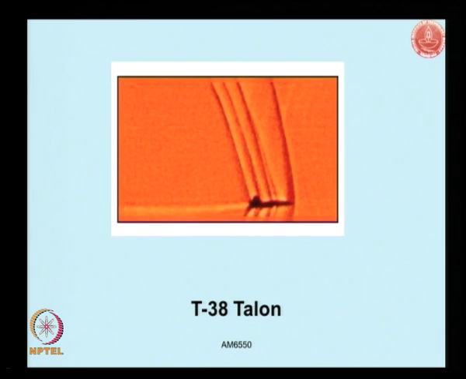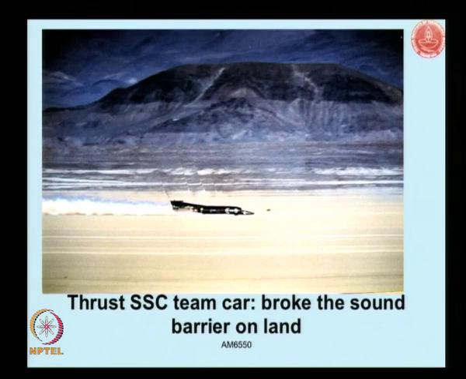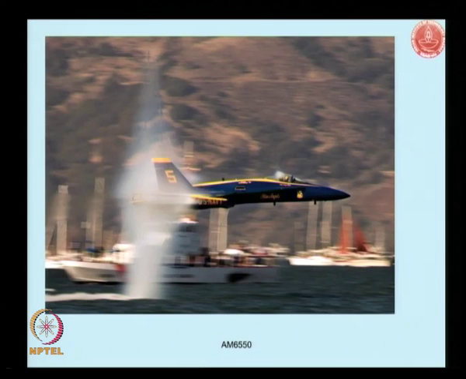Then you see several shock waves here, in this picture. Now, this is something where you can see traces of shock waves here in the atmosphere, because of this vehicle which broke the sound barrier as well, which is traveling at supersonic speeds.